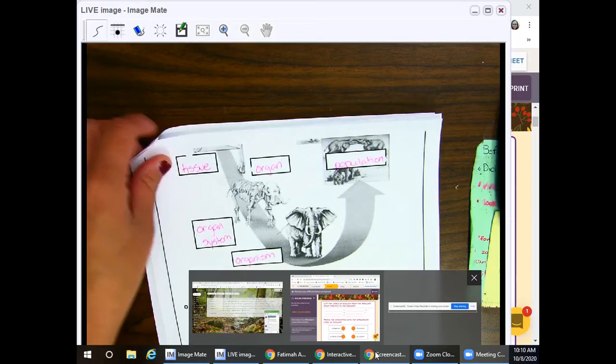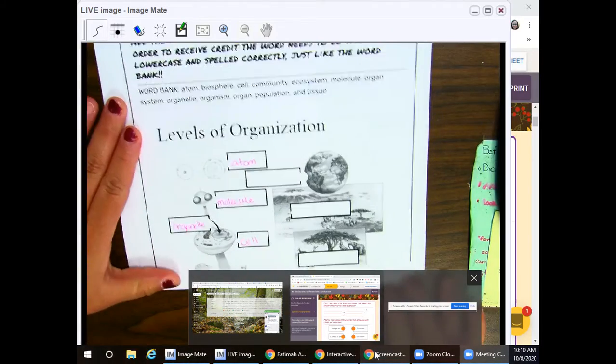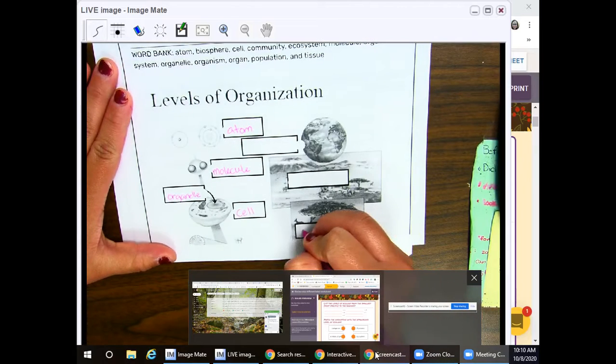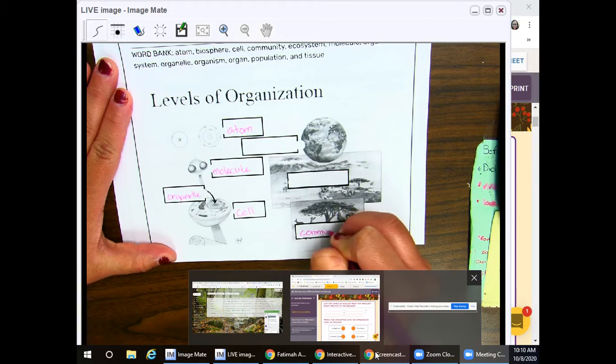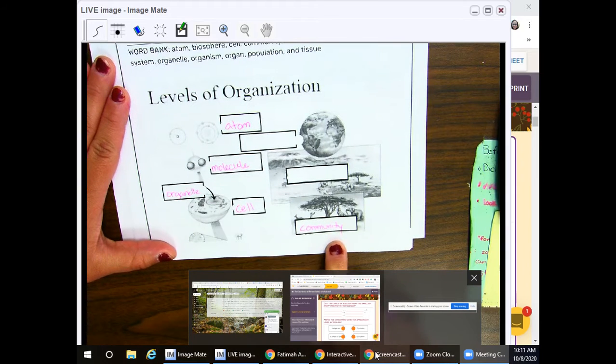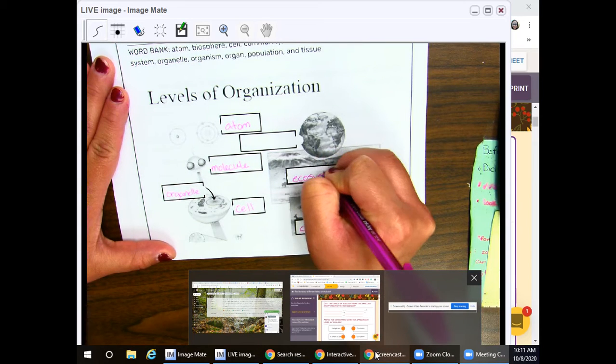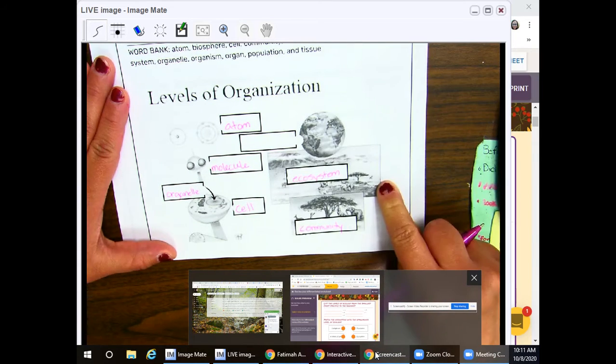And then I'm going to go back. From a population, we have a community. Which is everything that's living, all biotic. Then we have an ecosystem. Again, that's everything that's biotic and abiotic.